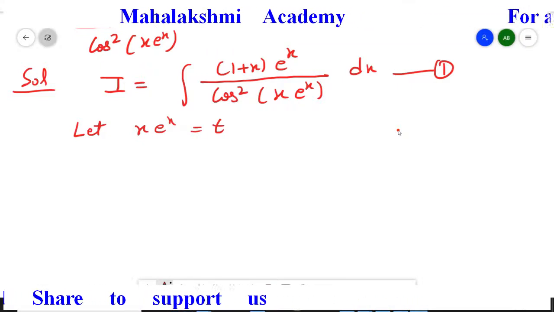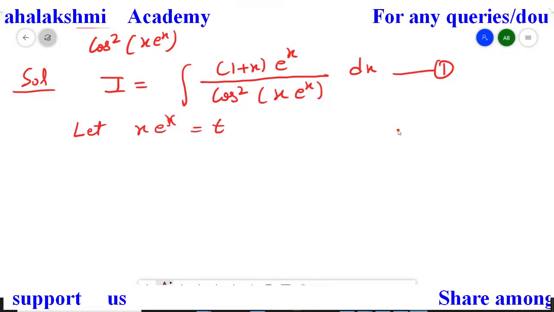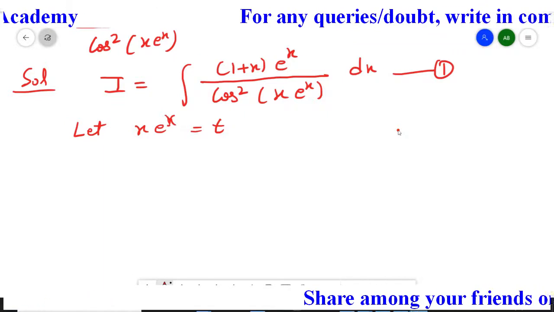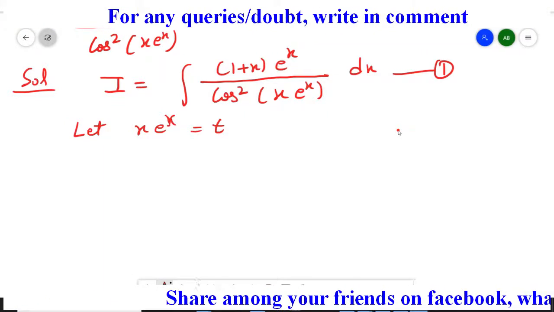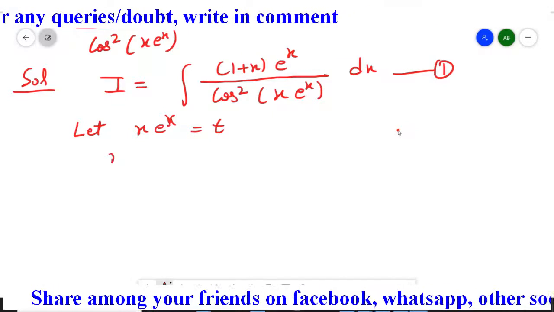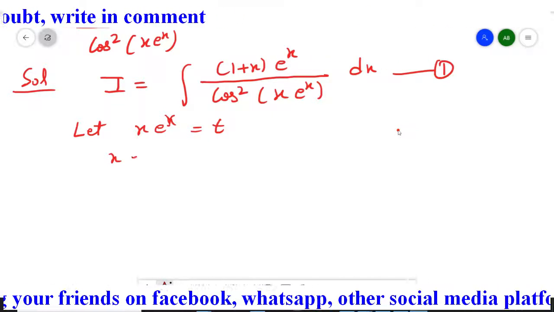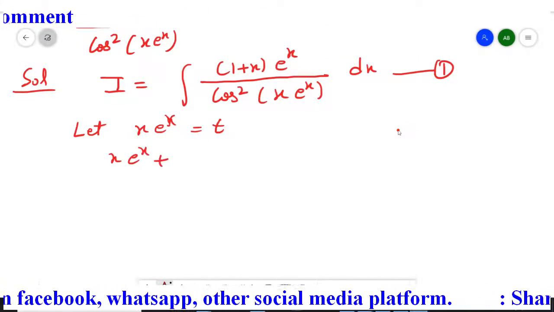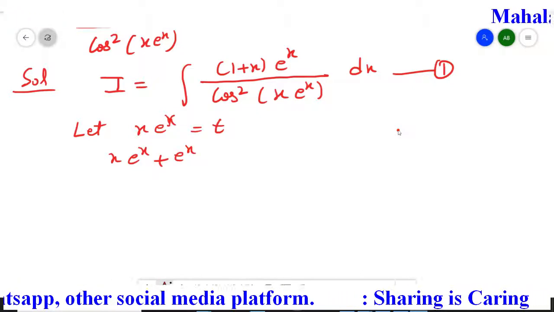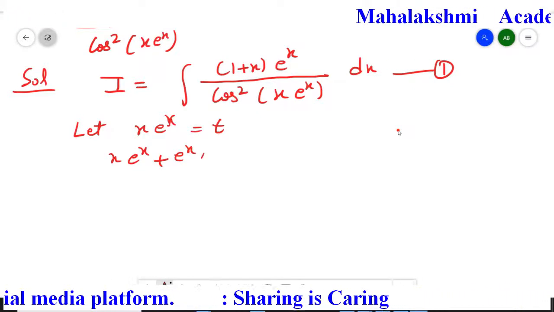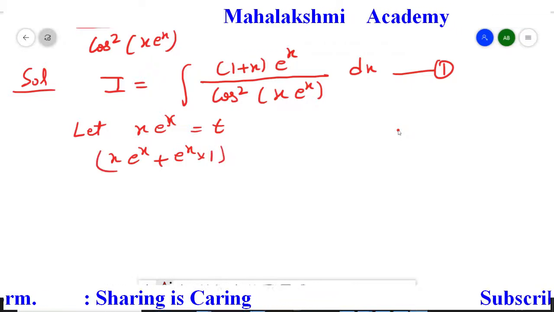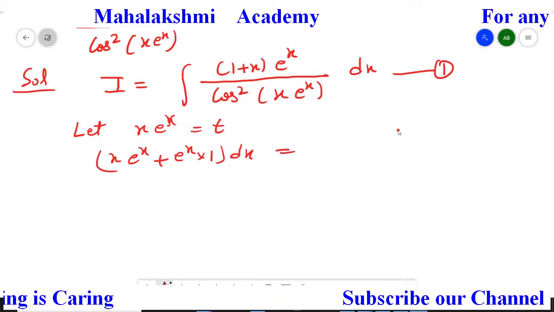When we differentiate it, since it's a product of two functions, first function as it is, then differentiation of second function is e to the power x, plus e to the power x, second function as it is, the differentiation of first function is 1, then dx as it is, and then dt.